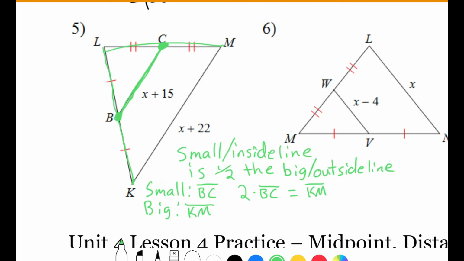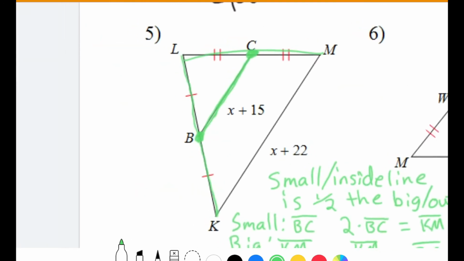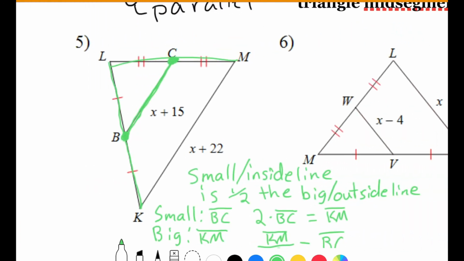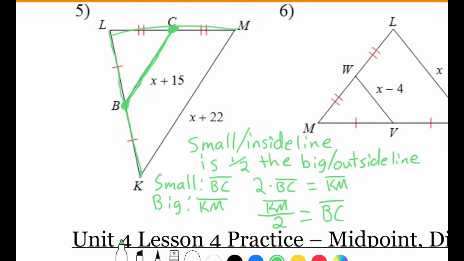Another way is taking the big line and dividing it by 2 to get to line BC. So I'm going to show you both ways, for 5 and 6. So for 5, let's do multiplying the smallest line.